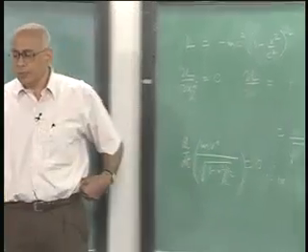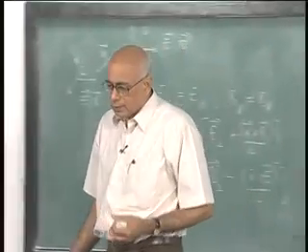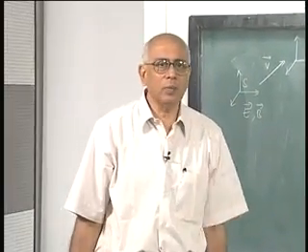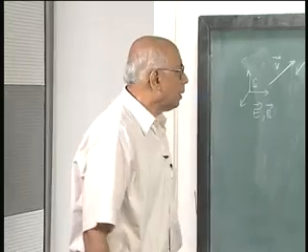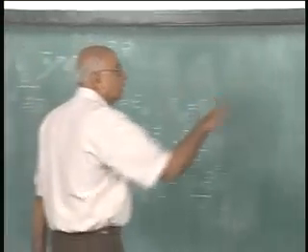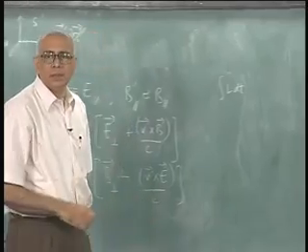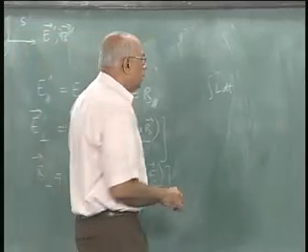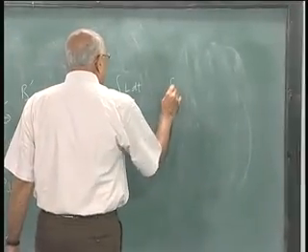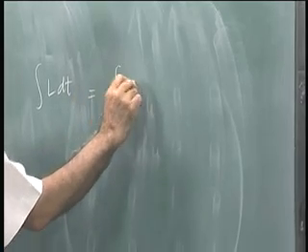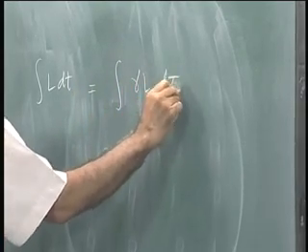Now where it comes from, you can actually deduce this from slightly more fundamental considerations, but I am not going to do that. I am more interested in writing down what happens when you have a charged particle there. But the fact is that you want this quantity L dt, this action, to be invariant, and if you write this in terms of proper time, this is the same as gamma L d tau.